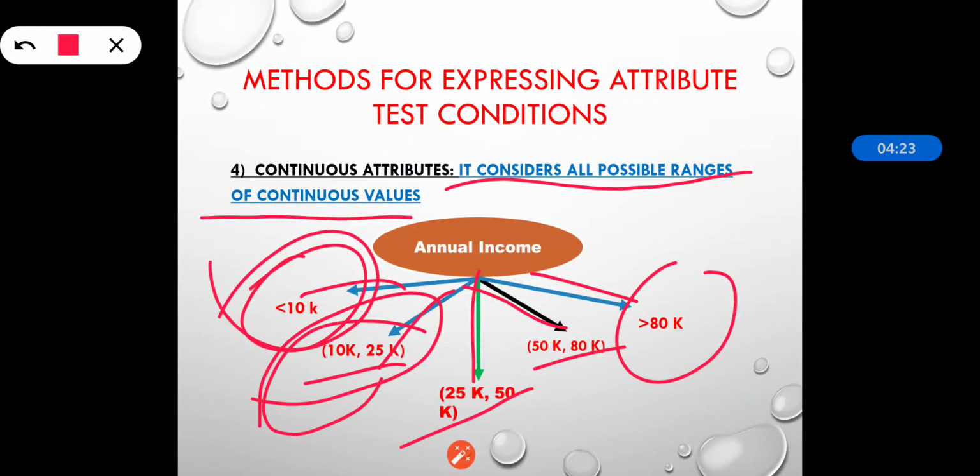In nominal we can have many values, and we split in such a way that we can have multiple outcomes. In ordinal attributes it can produce both binary and multi-way splits, and for continuous attributes the test condition is expressed in terms of a comparison test with binary outcomes. So these are the various methods that are used for expressing the attribute test conditions.